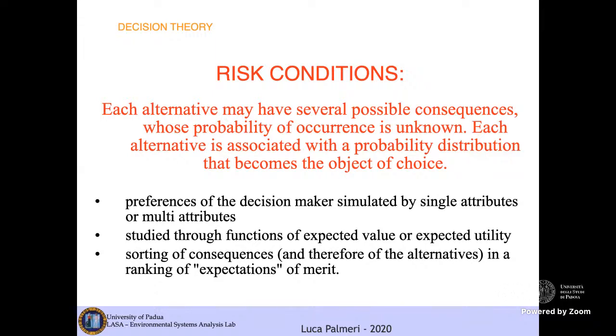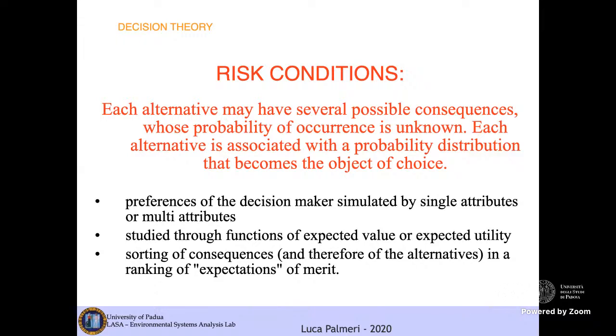In risk conditions, instead, each alternative may have several possible consequences, so there is not this univocal correspondence between alternatives and consequences, whose probability of occurrence is a priori unknown. Each alternative, when associated with a probability distribution, becomes in reality the object of choice.